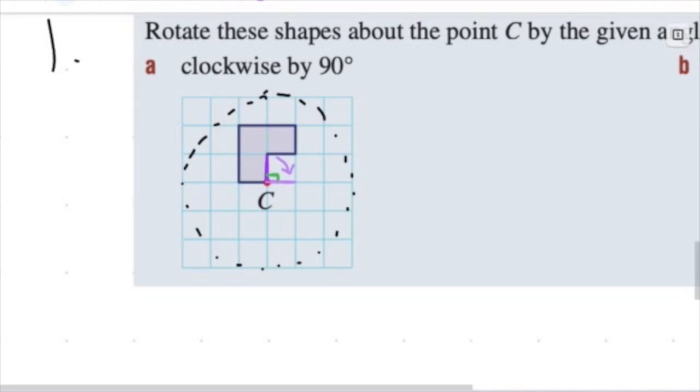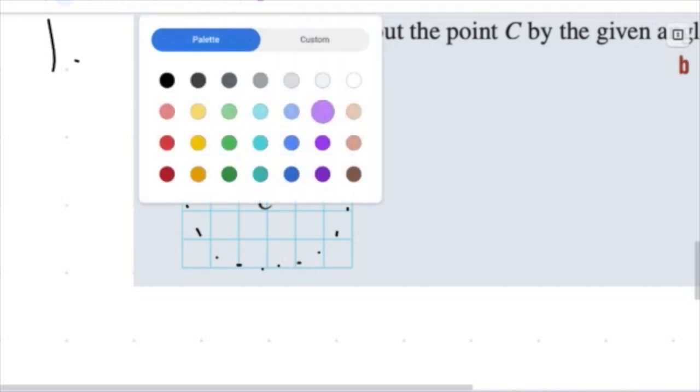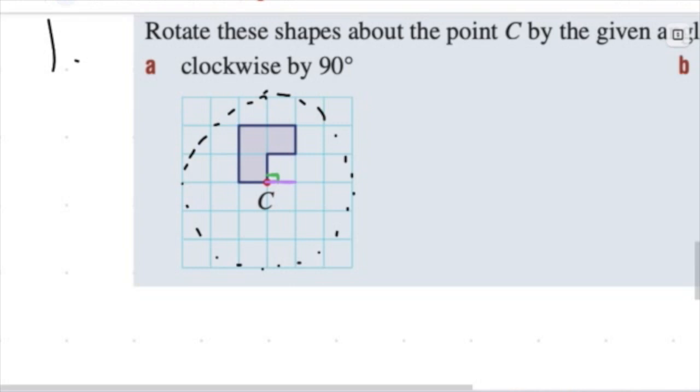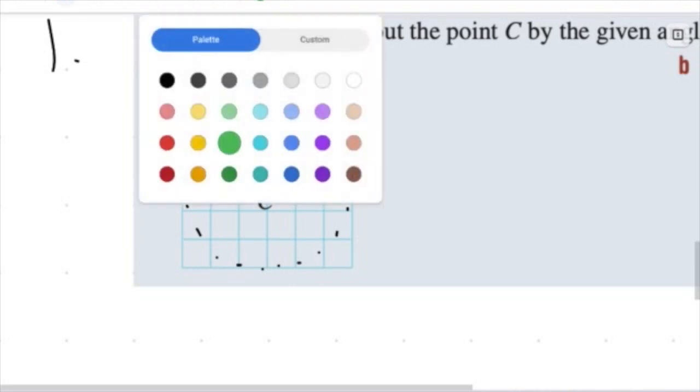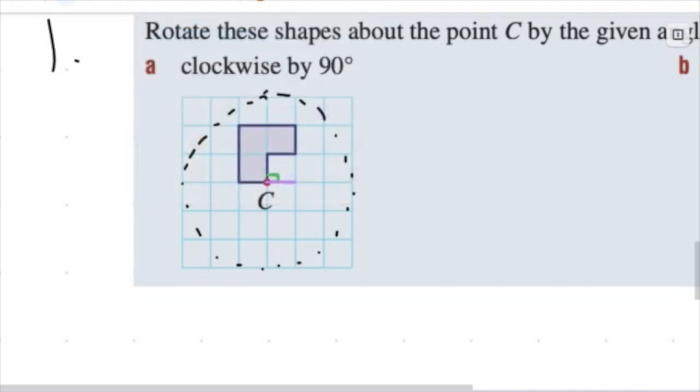So instead of being vertical now, this line becomes horizontal. This is the new line here. And if we think about, for example, this one down here, let's do that in another color. Let's go red.